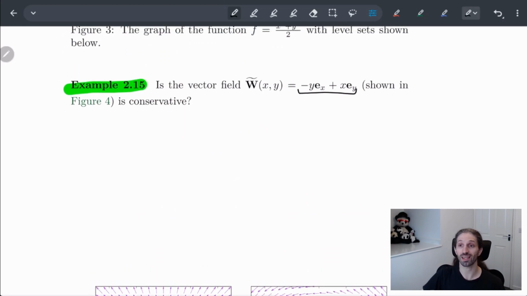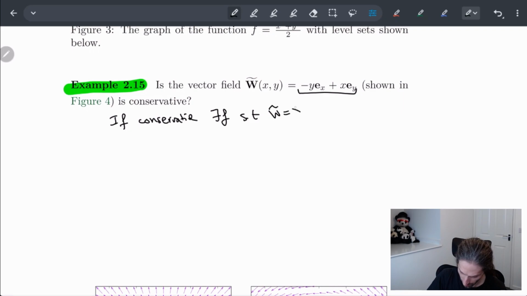Okay, so the question is, is this conservative? How do we know if it's conservative or not? If it's conservative, there exists f such that w tilde is equal to nabla of f. In other words, the partial derivative of f with respect to x is equal to minus y, and with respect to y is equal to x.